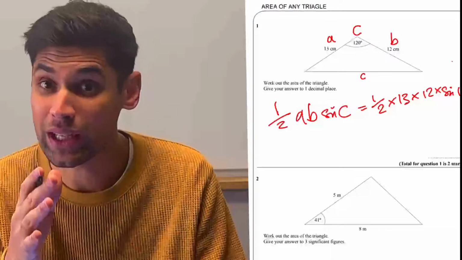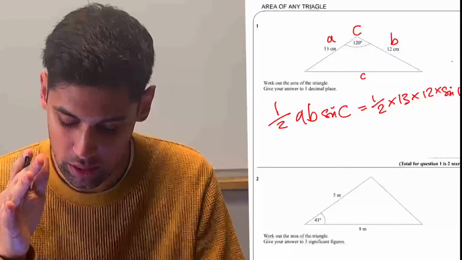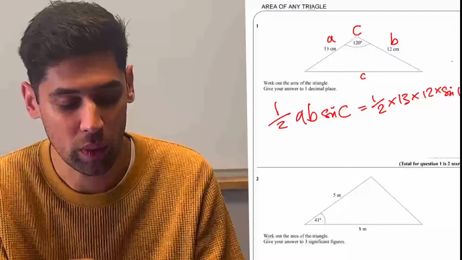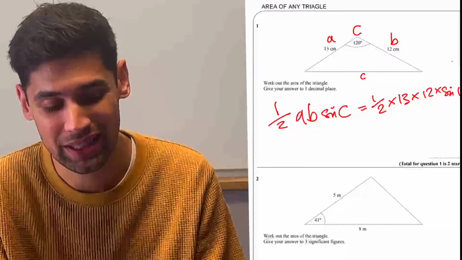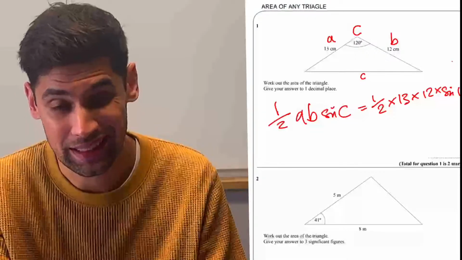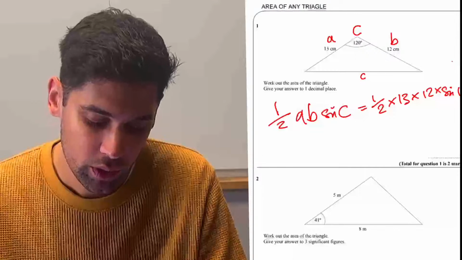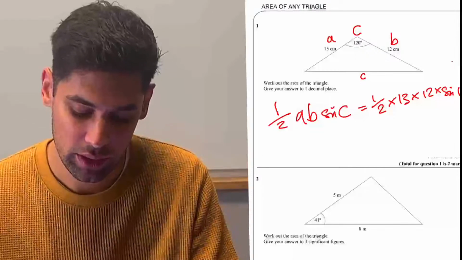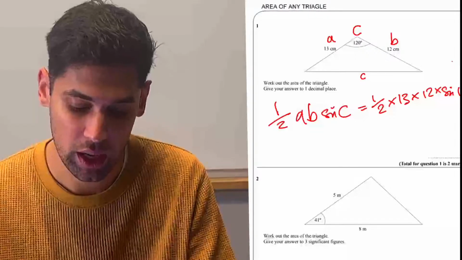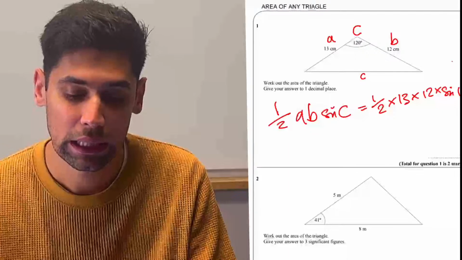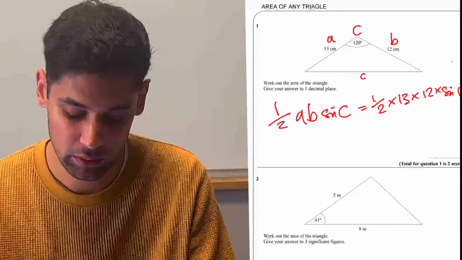And we make sure we're in degrees. Radians mode, I think that's for A level. So when you're dealing with GCSE, make sure there's a D that's highlighted at the top of your calculator. That means you're in degrees. If it says R, you're in trouble. So 0.5 times 13 times 12 times sine 120 equals, and in this case we get 39 root 3.